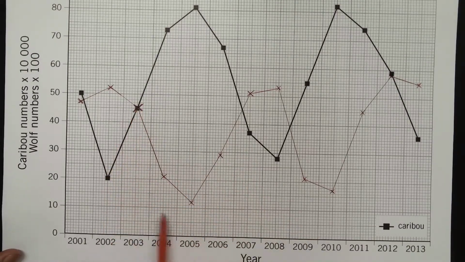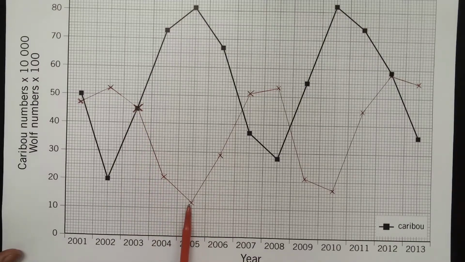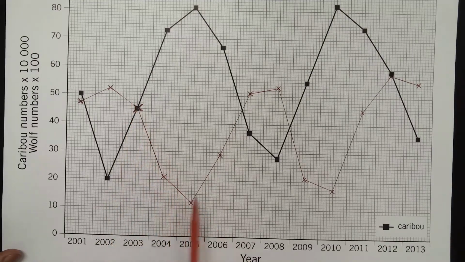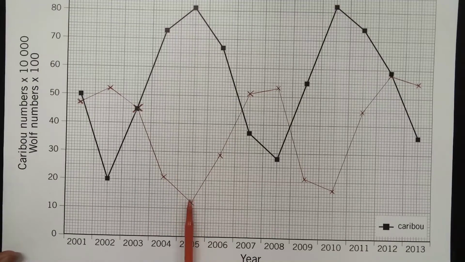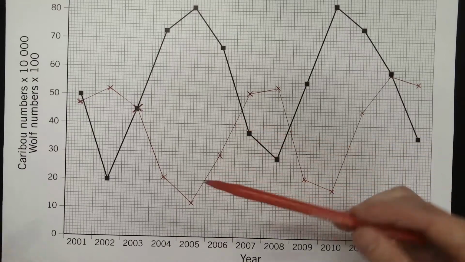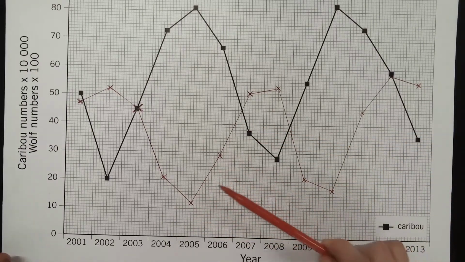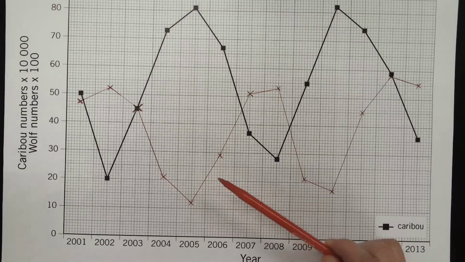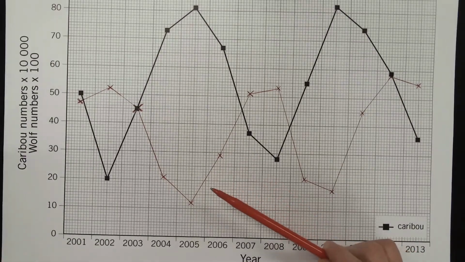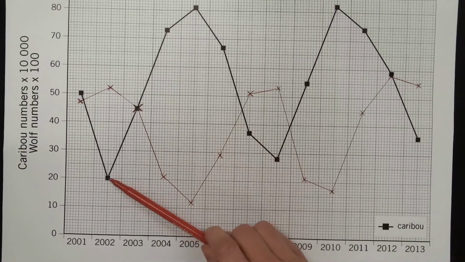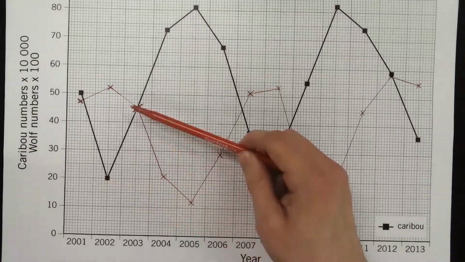So you have a large population of wolves, their numbers start decreasing because there's not enough food, they start to die off. That means that they aren't going to be hunting and killing as many caribou. So that gives the caribou population a chance to increase because now there's less wolves eating less caribou. So that gives the caribou more chance to reproduce, to get their numbers a lot higher again.